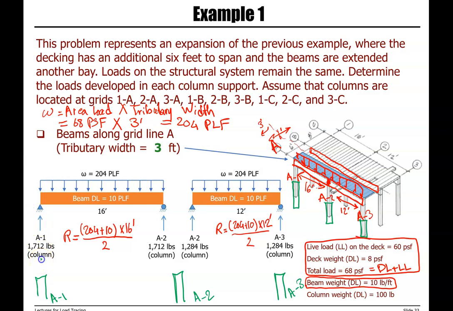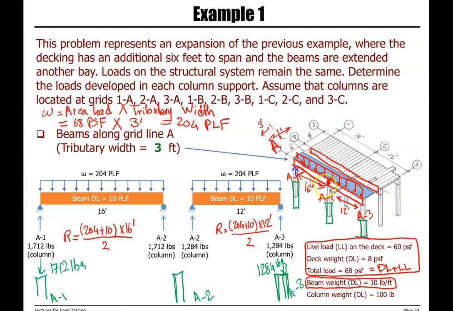The same amount in the opposite direction is transferred to column A1, and same thing here. But when we get to column A2, pay attention that we have two reactions.